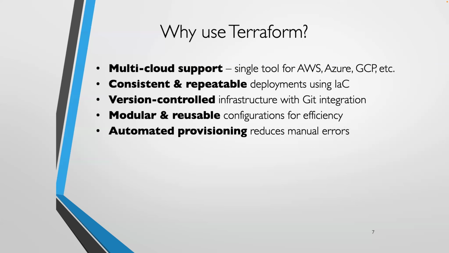So why do you have to go for Terraform? As we discussed, Terraform is a cloud agnostic tool. Using Terraform, you would be able to provision on as many cloud platforms. For example, let's say you're working for a customer that is using multi-cloud. They are creating some resources in AWS cloud.